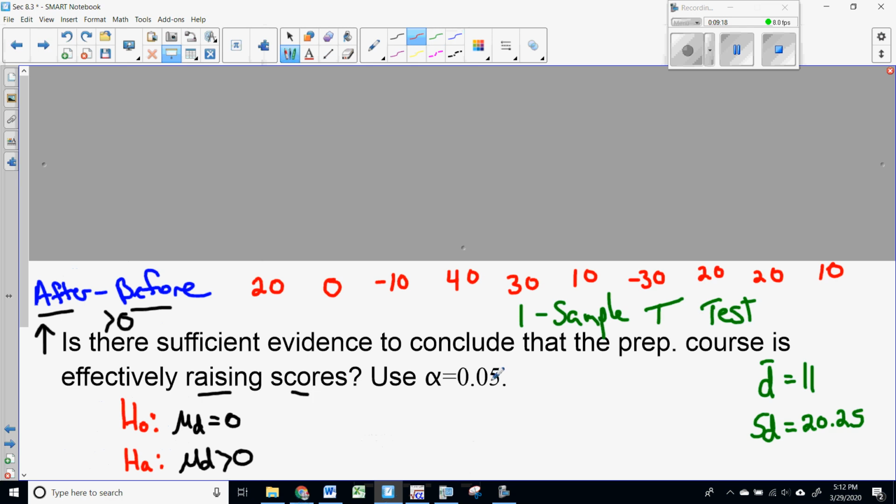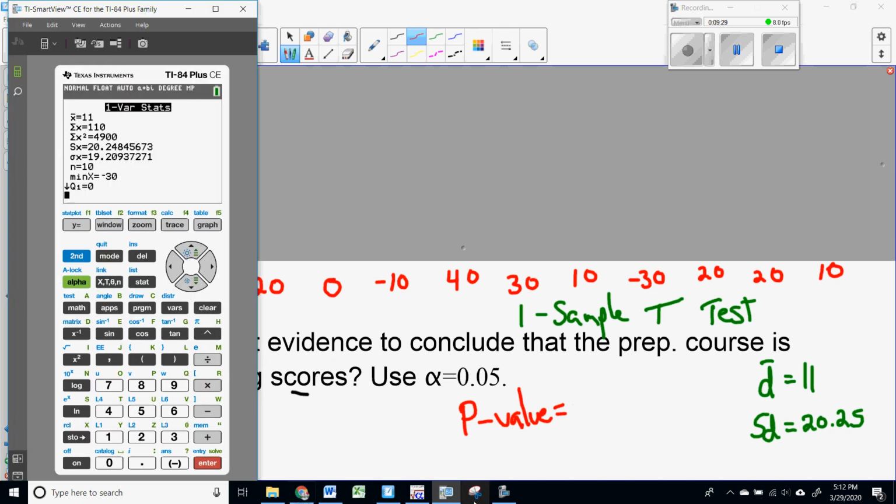The next thing we need to do is find the p-value for this new set of data in a one sample t-test. So when you do these problems, for matched paired dependent samples, you are going to use a one sample t-test.